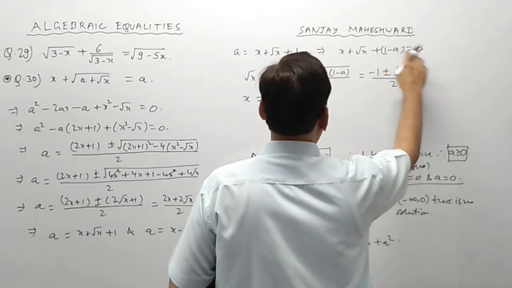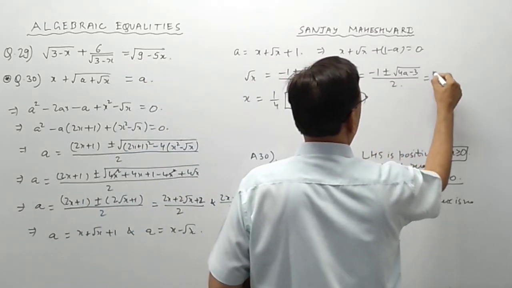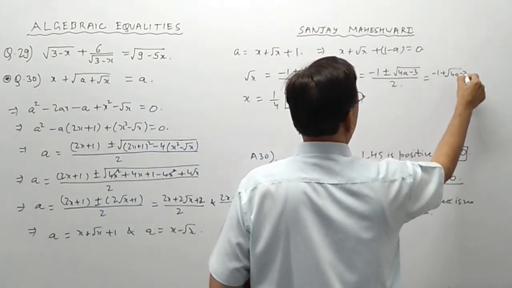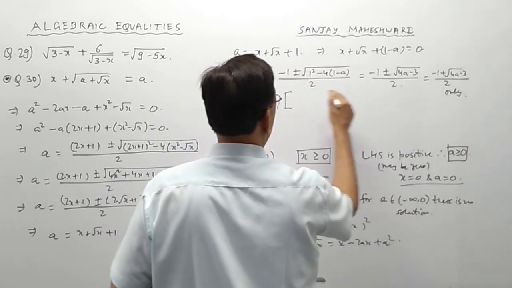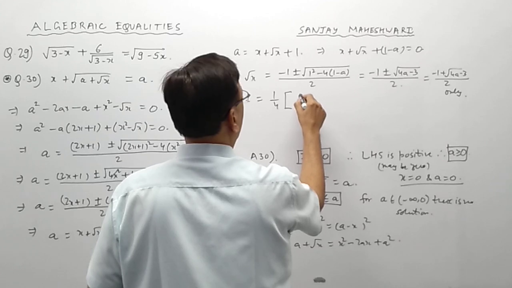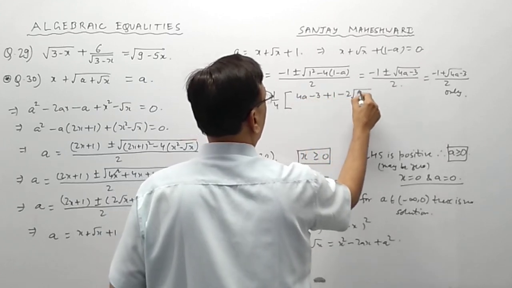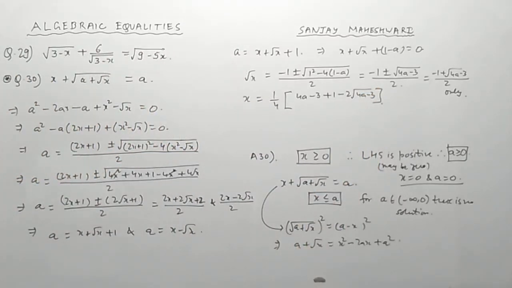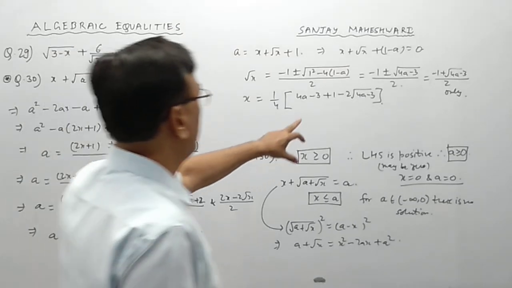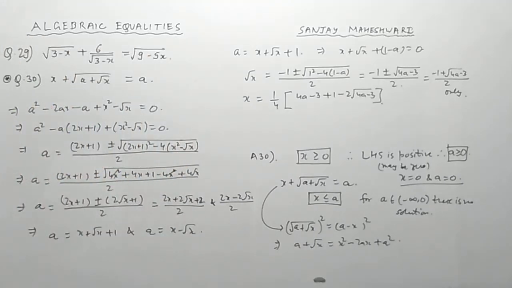If this is negative, the expression will be negative and this side is positive. So this is equal to minus 1 plus root over 4a minus 3 divided by 2 only. So after squaring it we will get 4a minus 3 plus 1 minus 2 root over 4a minus 3. That is correct. No issue.